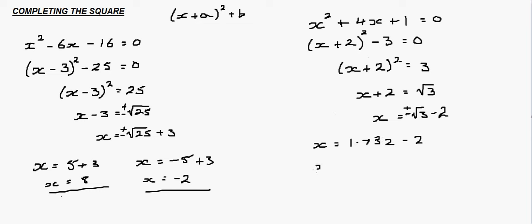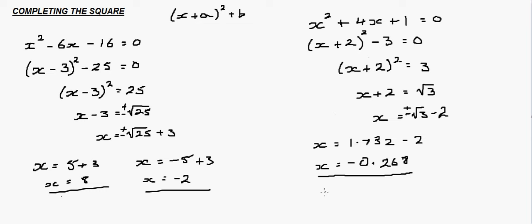So x would equal, and I'll just get my calculator, 1.732 minus 2 gives us an answer of minus 0.268. Okay, so that's one solution.